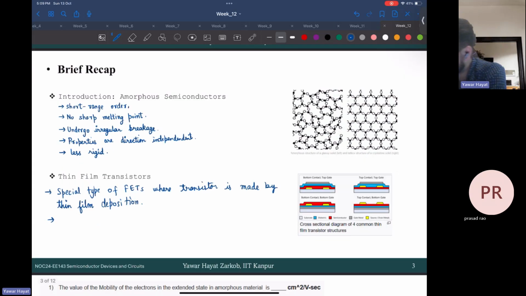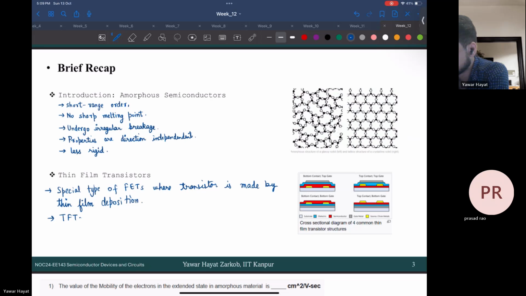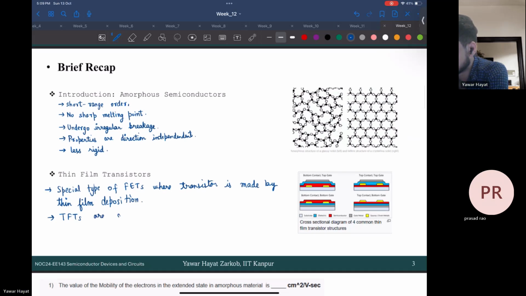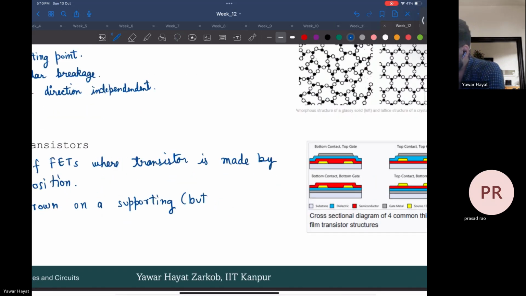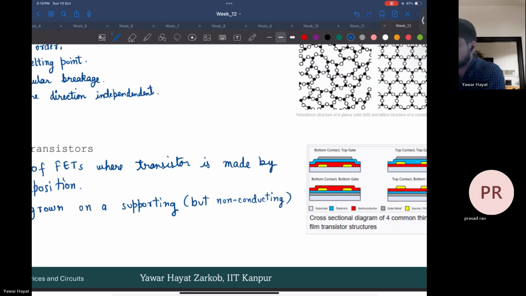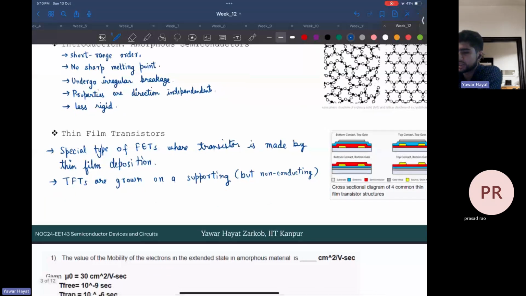And then, yeah, TFTs. Okay. TFTs are grown on a supporting but non-conducting substrate, right?